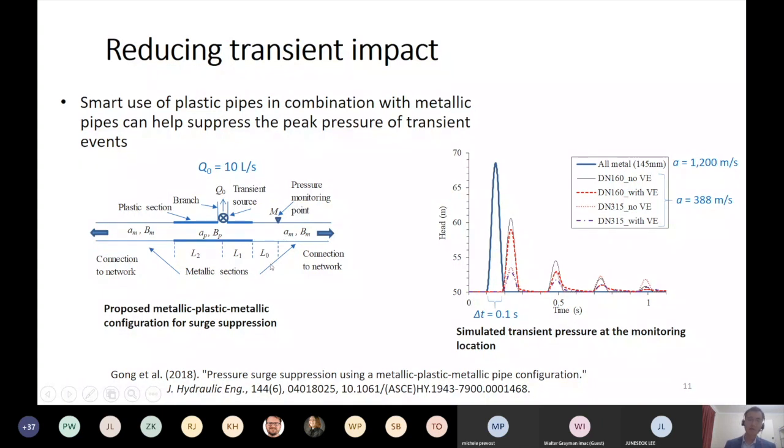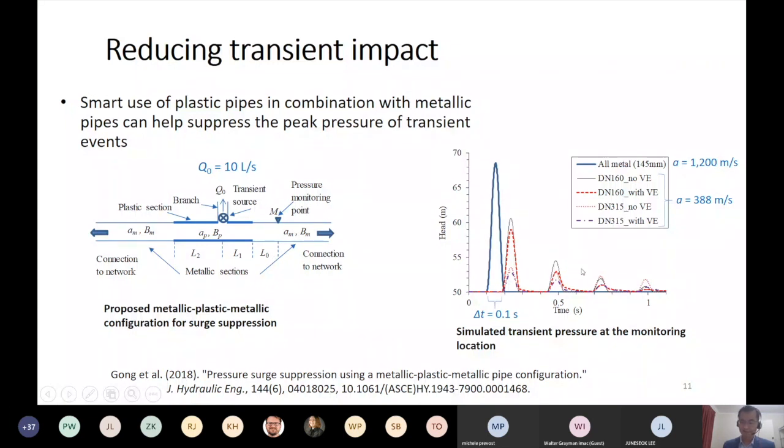So basically what happens is the impedance difference between the plastic pipe and the metallic pipe will force the wave to bounce between these two boundaries. And that helps to distribute the energy across a number of pulses, not a single pulse. So if we further increase the size of the plastic pipe, that will further reduce the impedance of this plastic section. So that will further help reduce the peak pressure.